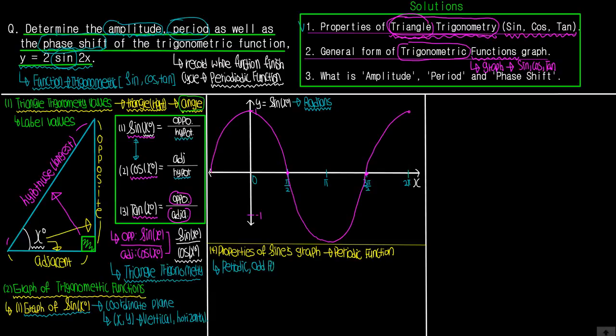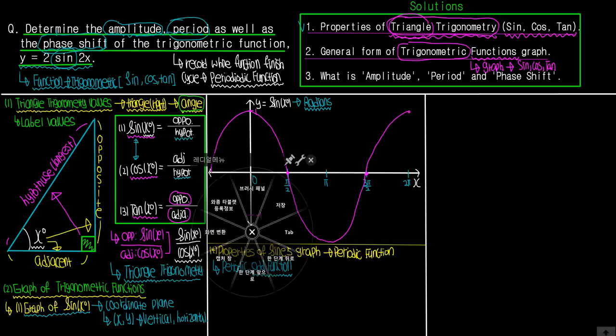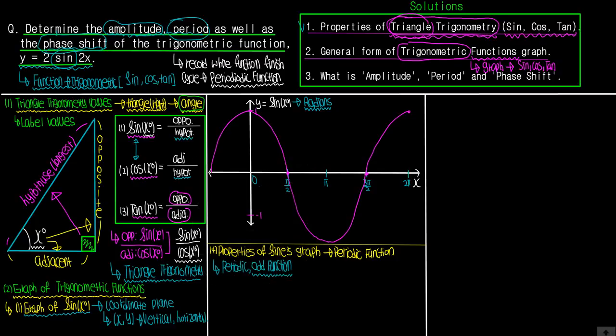And people might wonder what an odd function is. Well, an odd function means it passes through the origin on the y-axis. This is what an odd function is, and this one will be our sine of x graph.